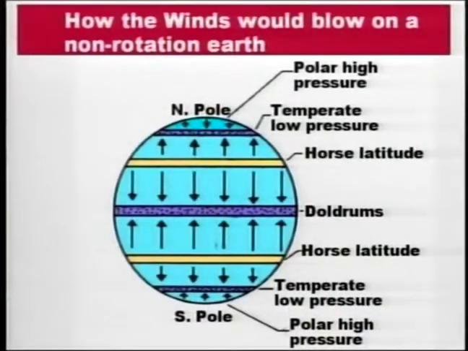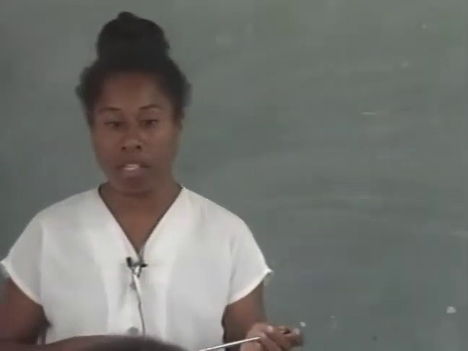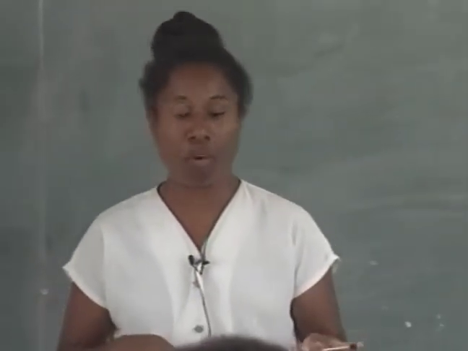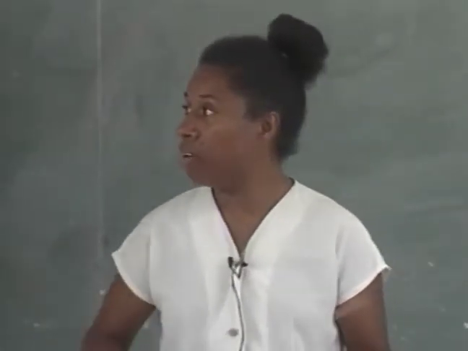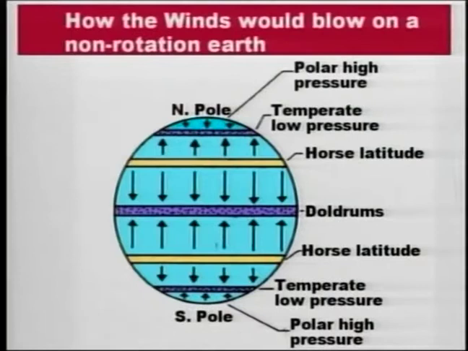And we've also seen two distinctive high pressure regions, the 30 degrees horse latitude, north and south, and the 90 degrees North Pole and the South Pole. Movement of air horizontally, or winds, will generally blow from high pressure areas to low pressure areas. The diagram here represents a sample of how the movement would look if the Earth wasn't rotating.